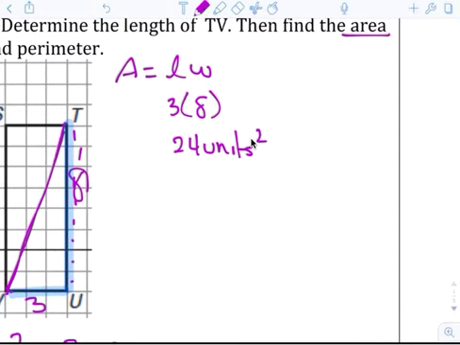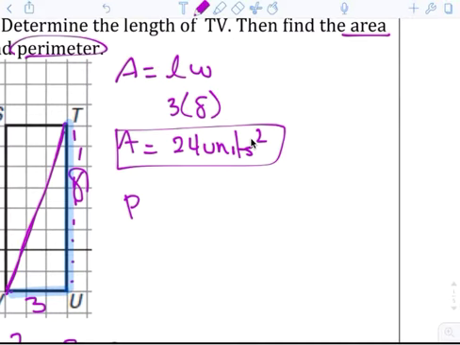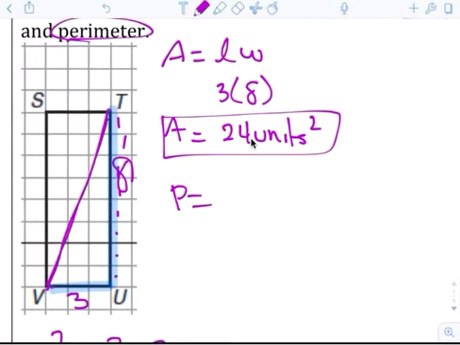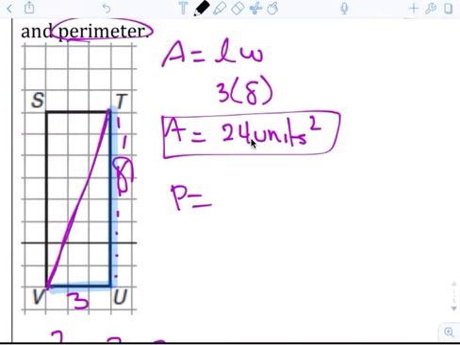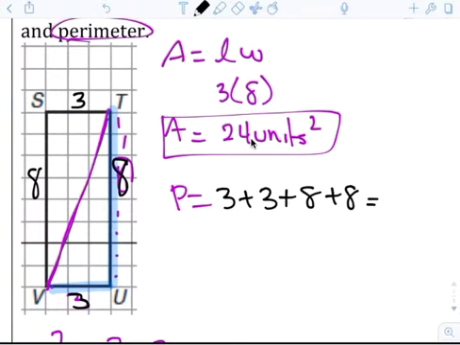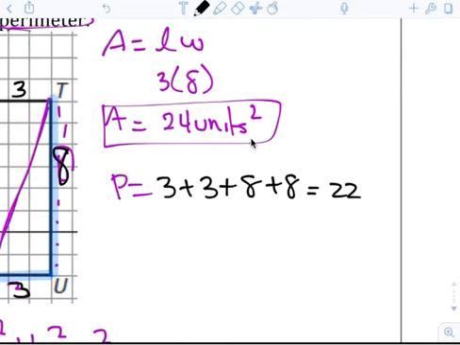Because there's no measurement, you just put 24 units. Perimeter, find the perimeter. You add all sides. This is 3, therefore this side is 3. This is 8, that side is 8, so 3 plus 3 plus 8 plus 8, 16, 22 units.